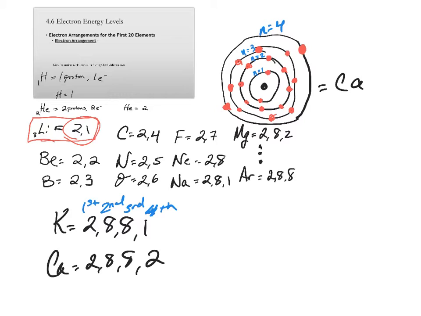And it stops at calcium for a reason: the next one, scandium, actually puts its 21st electron into what would be the 3rd energy level, even though it has 2 electrons in the 4th energy level. Your book doesn't want to make things more difficult than it needs to for you, being a survey class of chemistry, so they stop at element 20.